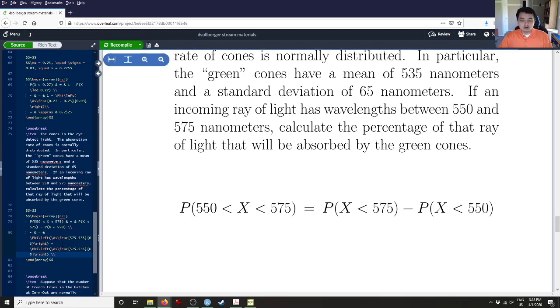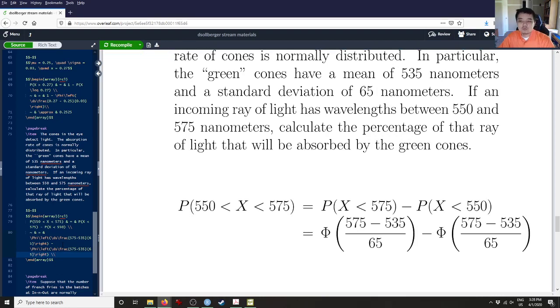Now, because we're talking about areas under the curve, we'll wrap up that concept of area under the curve in this phi function. Inside each one of these, we're essentially plugging in the z-score calculation. So notice that I'm bringing in what the average wavelength was and the standard deviation as well. Sorry, I have a typo there.